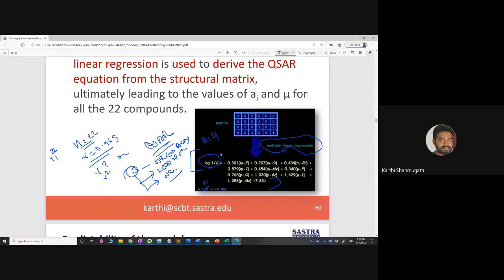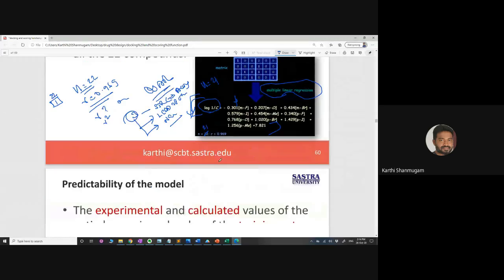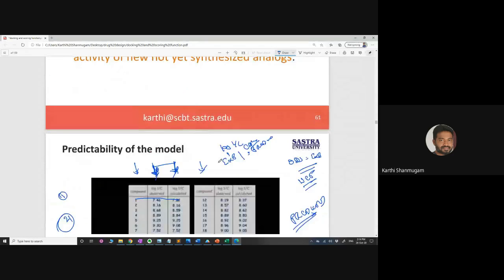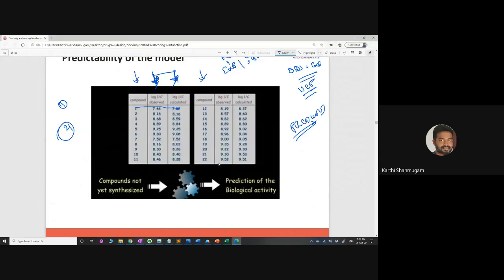Then we input the descriptor value to the equation, and the model will output the biological activity of that compound, that is the predicted or calculated value. In such a way, he estimated the predicted value for all 22 compounds in his data set.